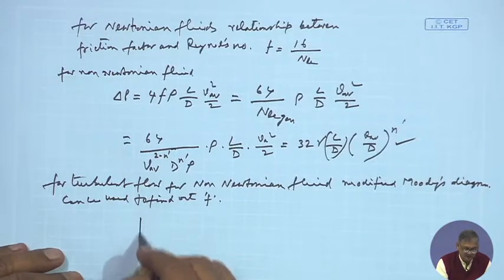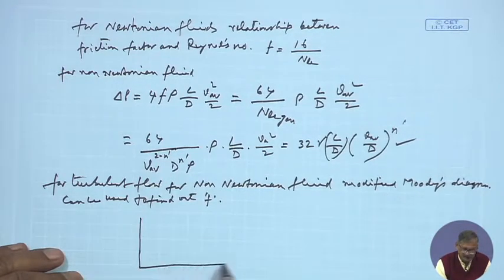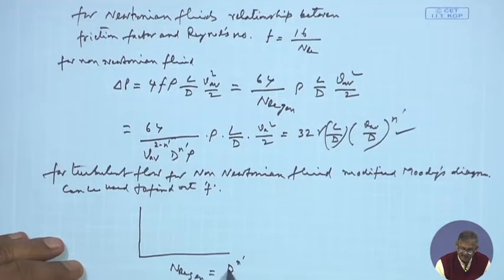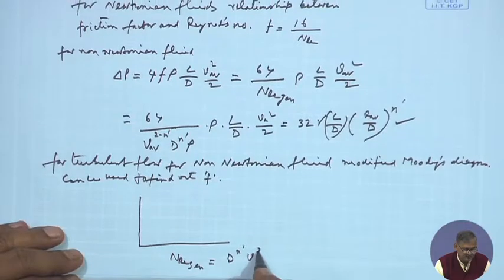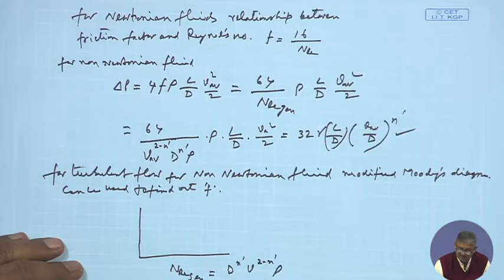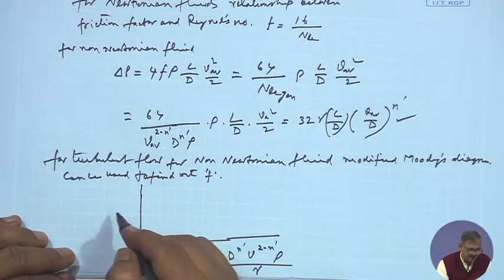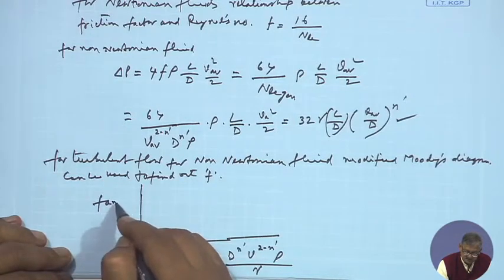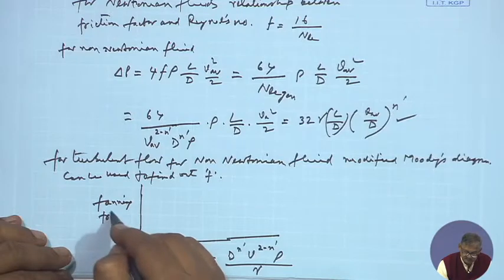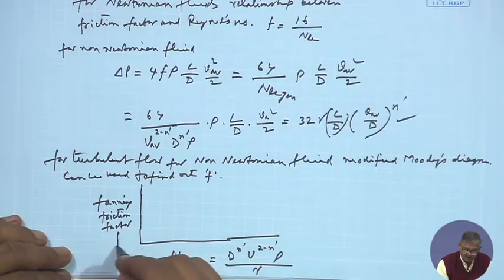And if we look at how it looks like, the Reynolds general number is equal to d to the power n prime V to the power 2 minus n prime rho divided by gamma. This is Reynolds, and this side is fanning friction factor F, right.